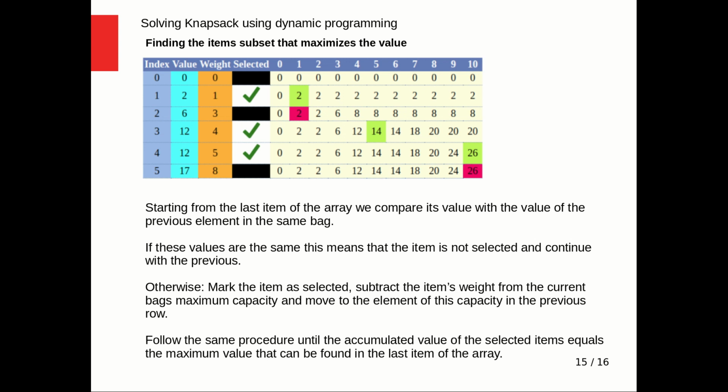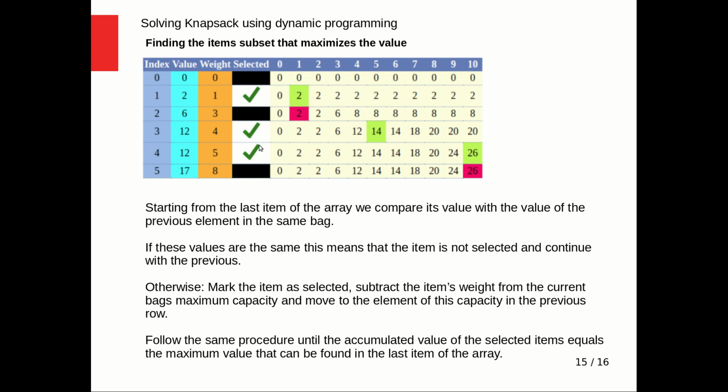In this case, this capacity has the value 14. So the bag here with capacity 5 has the value 14. Its previous value is 8. This means that this item was included in the optimal solution. So we mark it with check and do the same thing. We subtract 5, which is the weight, from the maximum capacity of the bag, 4, and we get 1.